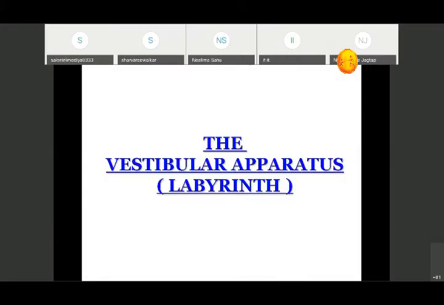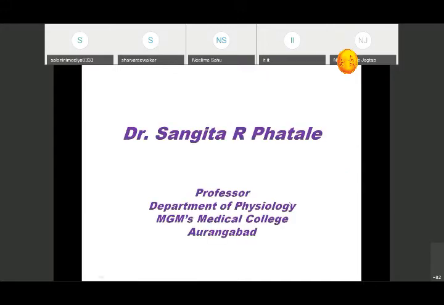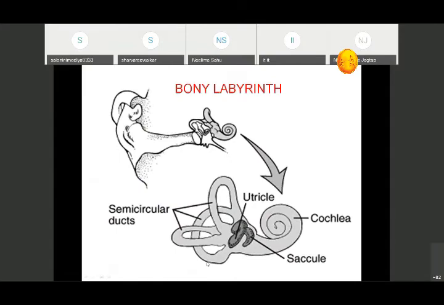Now this vestibular apparatus is a part of the labyrinth, and this labyrinth is located in the petrous portion of the temporal bone. In this petrous portion, there is a bony labyrinth, and inside it there is a membranous labyrinth.